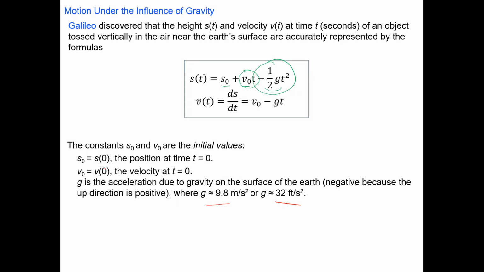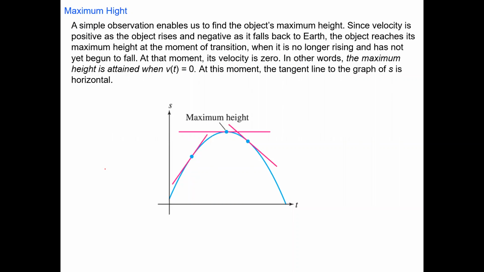Okay, now let's look at the question. Before the question, I also have this observation. Probably it's quite obvious. Maximum height of the object. How can we find the maximum height? We definitely can observe that if the rate of change is positive, the function is increasing, and then it is attaining this horizontal situation.